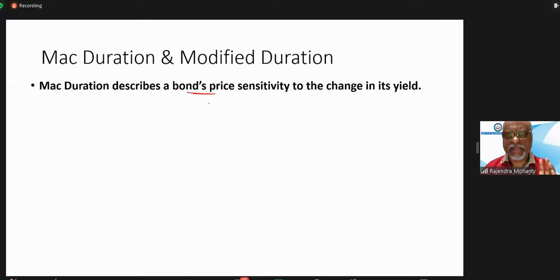Normally, whenever bonds are there, I think bonds have been told to you in the treasury classes. Treasury classes have happened. You know what a bond is? How does the bond market operate? Anybody? What is a bond?